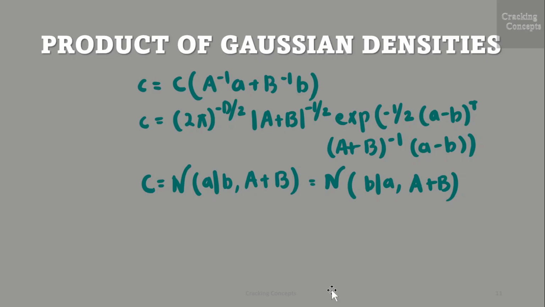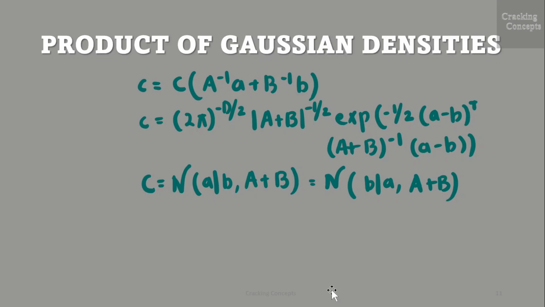On substituting the values, we get the final equation as c equal to 2 pi the whole raised to minus D by 2, A plus B, whose mod value raised to minus 1 by 2, exponential of minus 1 by 2, a minus b transpose, A plus B inverse into a minus b.